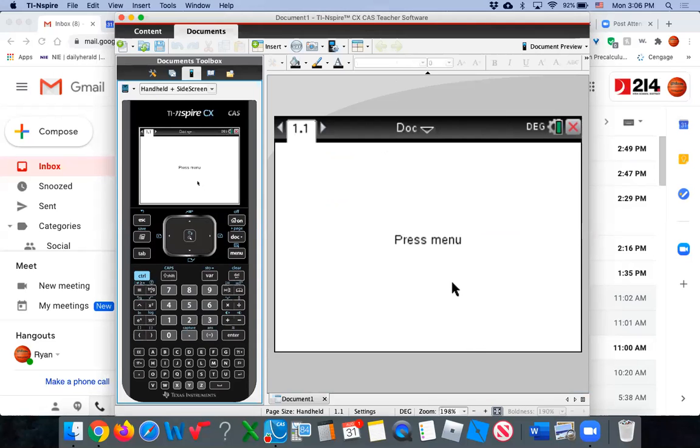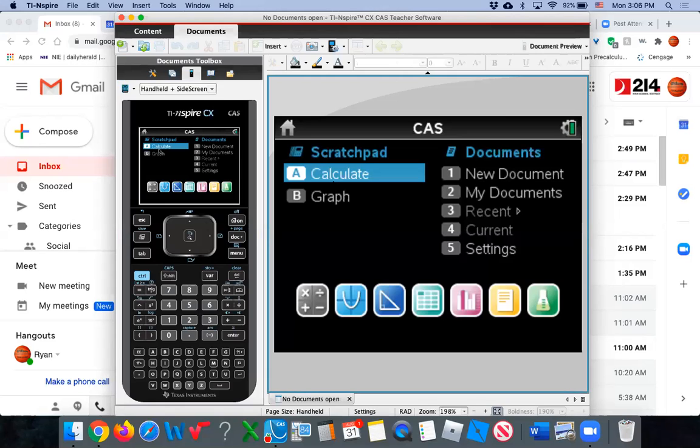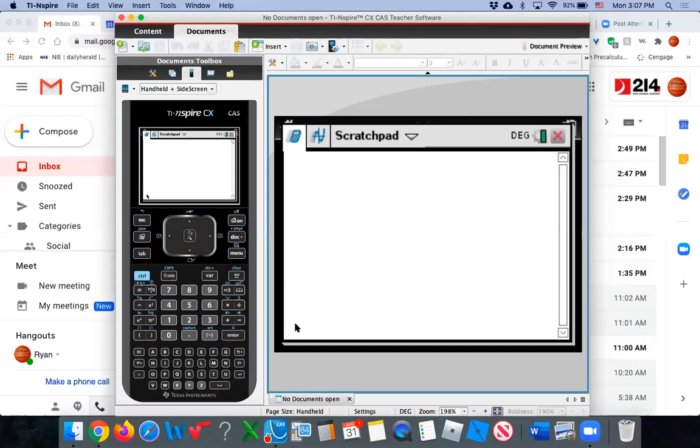When you turn your calculator on, you are probably at this page here, okay? And we want to get a calculator. So I'm going to hit calculate or just hit enter here. And it pulls me into my calculator screen, okay?